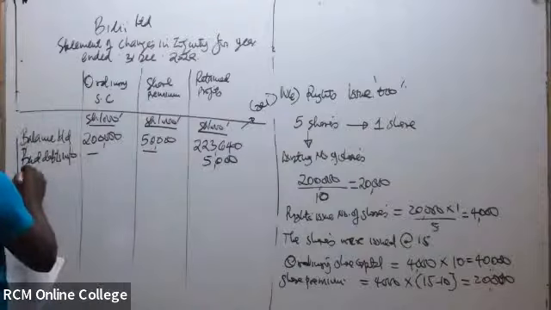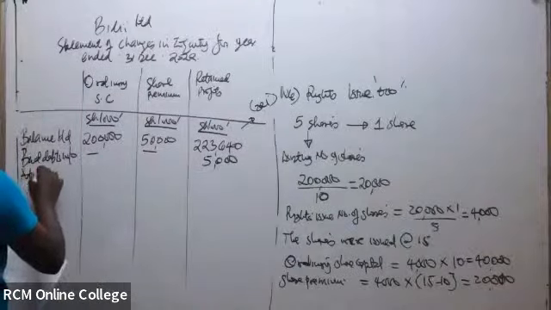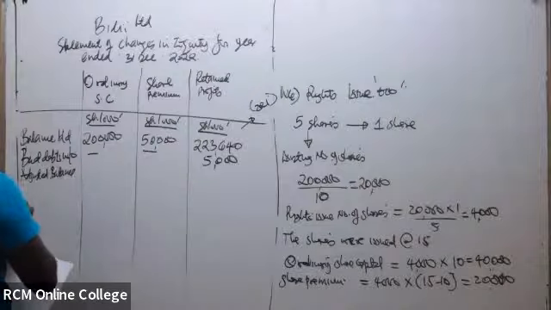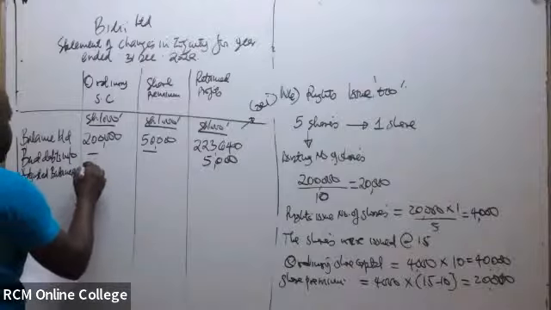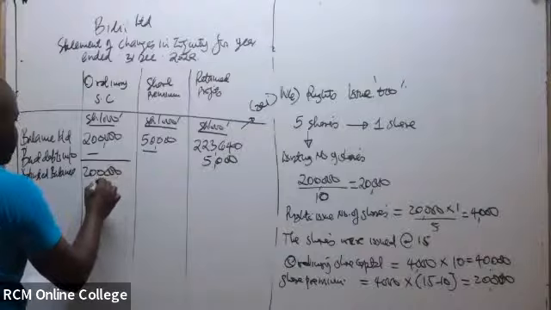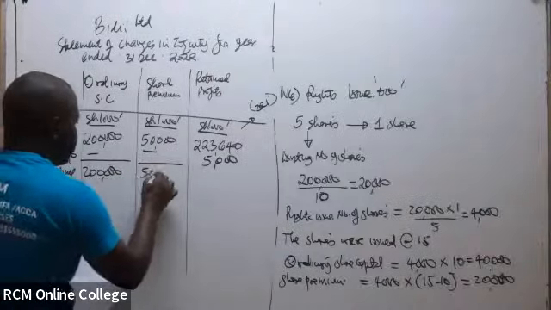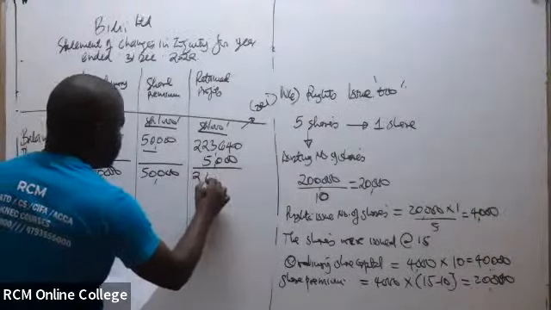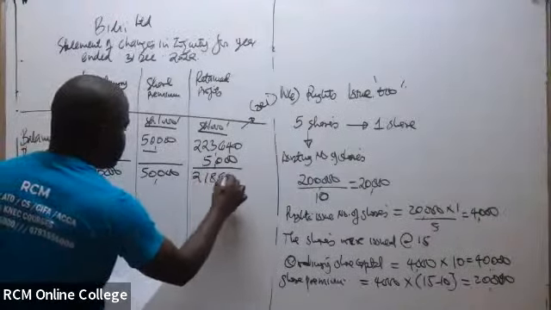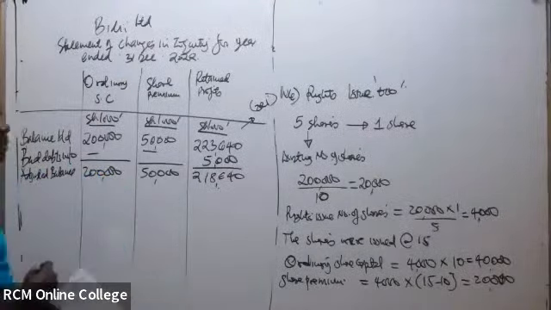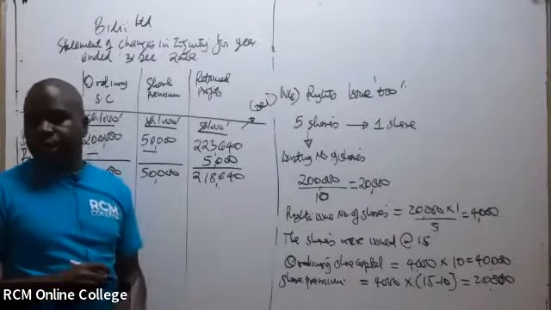Therefore, we put the adjusted balance. So this one comes to 200 million, this one is 50 million, and this one comes to 218,640.